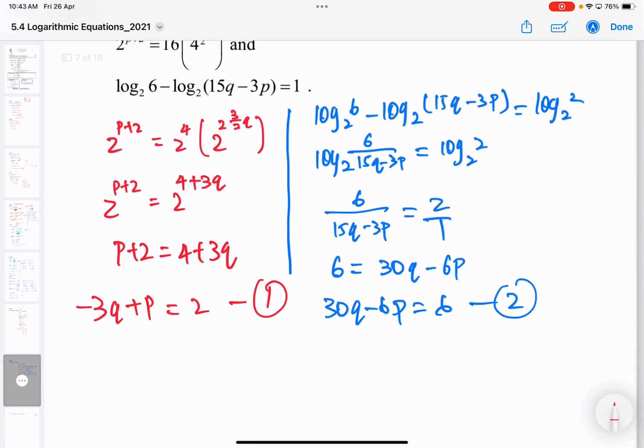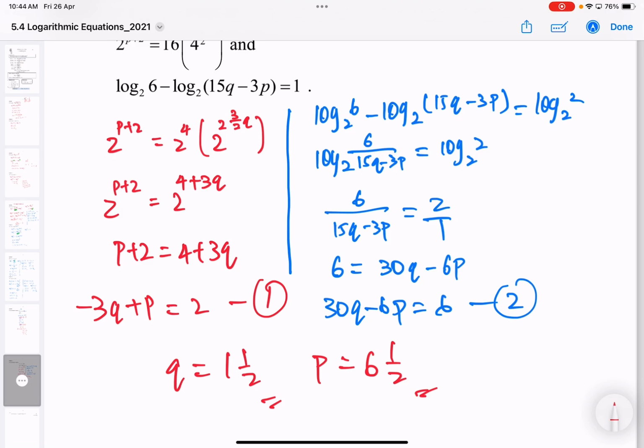Alright, if you are stuck, then you can look up and check your answer. So these are the two answers over here.